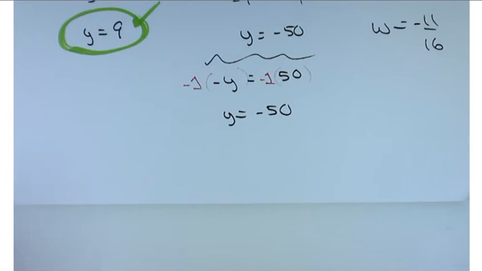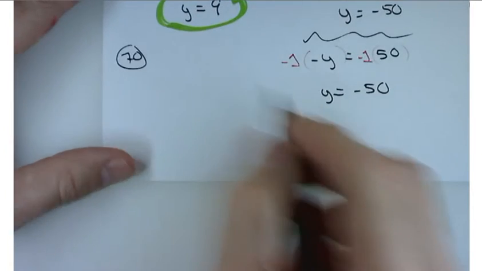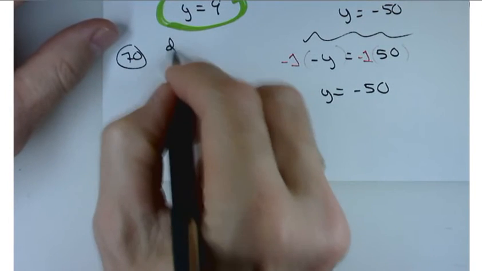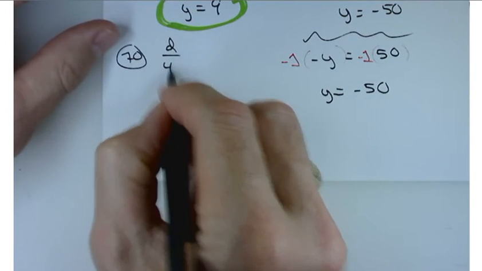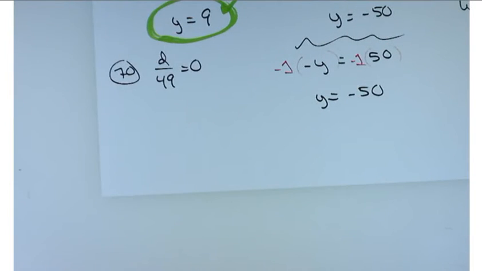How about problem number 70? D over 49 equals 0. What do I have to do to solve this one?